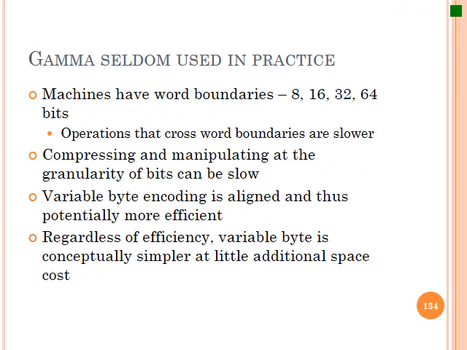However, in practice, machines have word boundaries such as 8, 16, 32, 64, and so on. Operations that cross the word boundaries are slower. But remember, in gamma code you may have an arbitrary number of bits, so when you do an operation, you may cross the boundary of the words, and that can be slow.